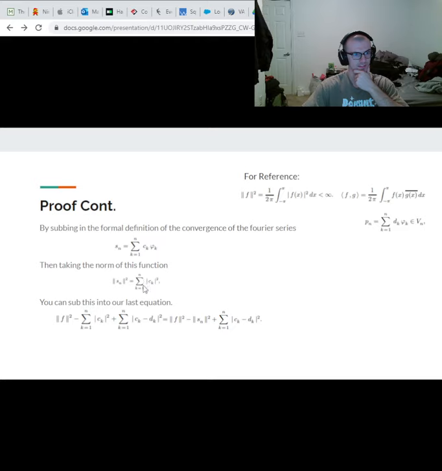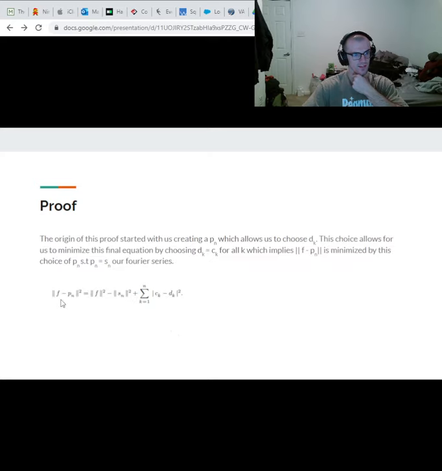You then get this definition, and then this can be plugged in to here such that we now have our definition of our original function. F minus p sub n is equal to this, where c sub k minus d sub k is a term we can change. When you think about it, f is given to us within this proof.